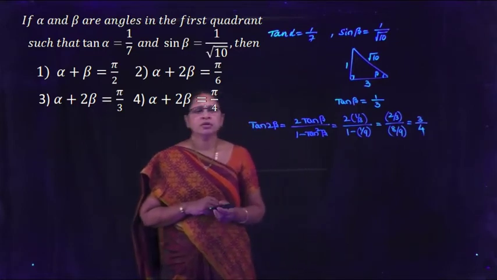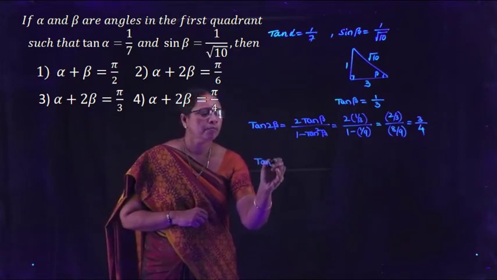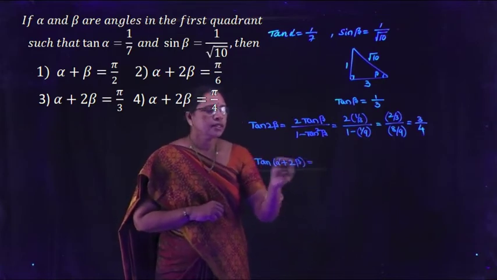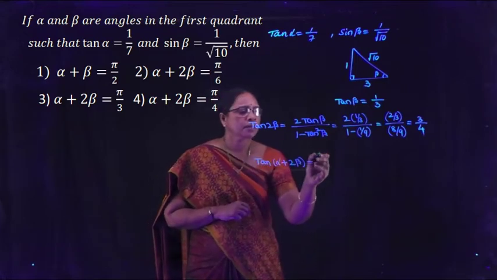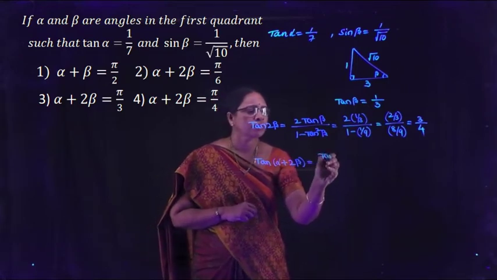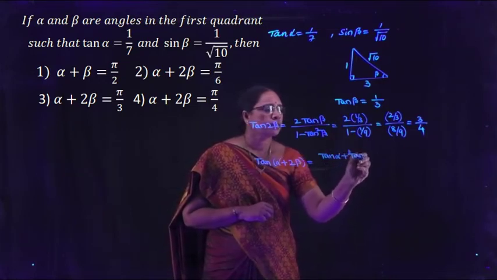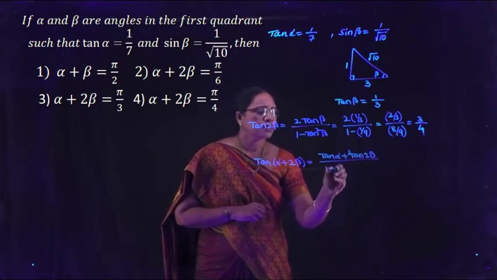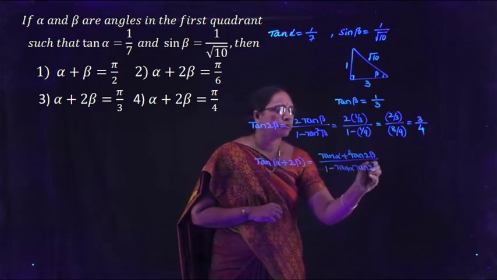Here we have to consider the value of tan alpha plus 2 beta. Here it is in the form of tan A plus B. Apply the formula tan A plus B, we get tan alpha plus tan 2 beta by 1 minus tan alpha into tan 2 beta.